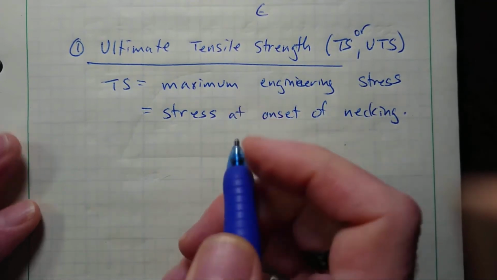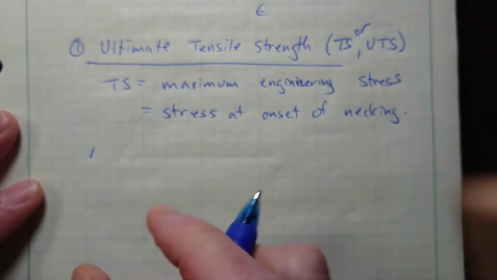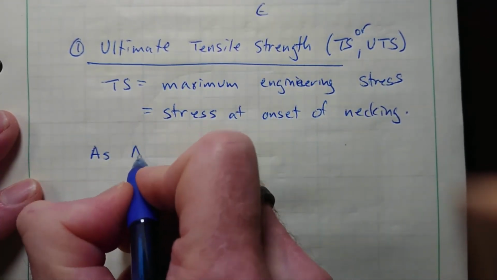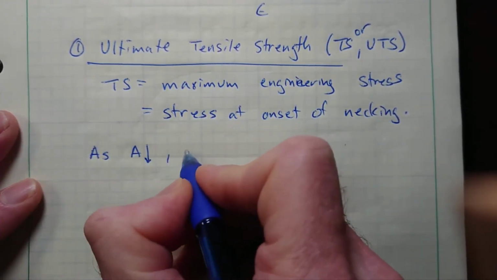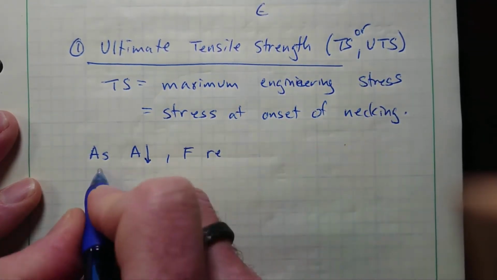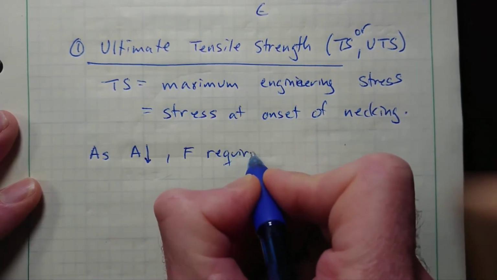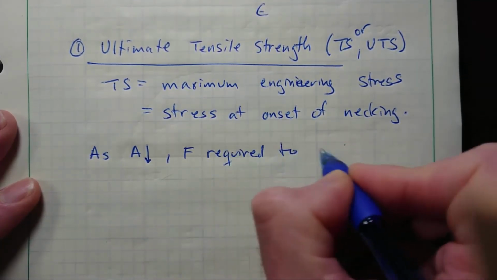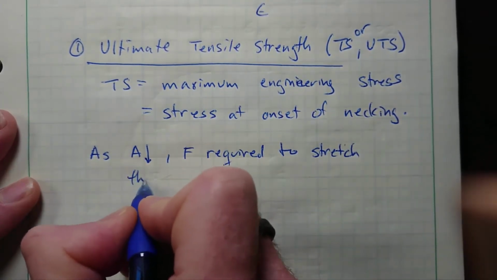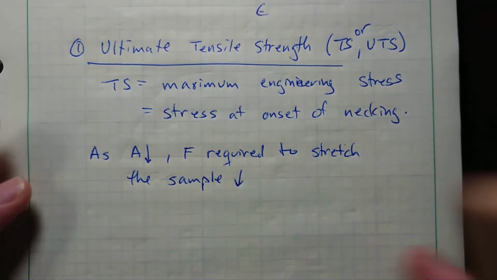Now what happens in a metal is, remember, necking is a reduction in the cross-sectional area. And so as the area goes down, the force required to stretch the sample also drops. So as A goes down, F required to stretch the sample goes down.